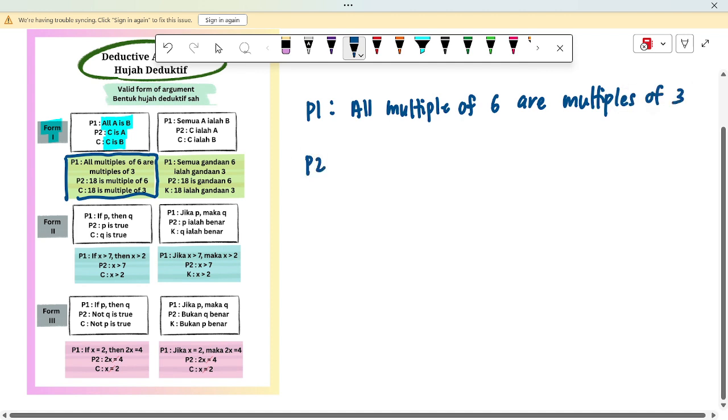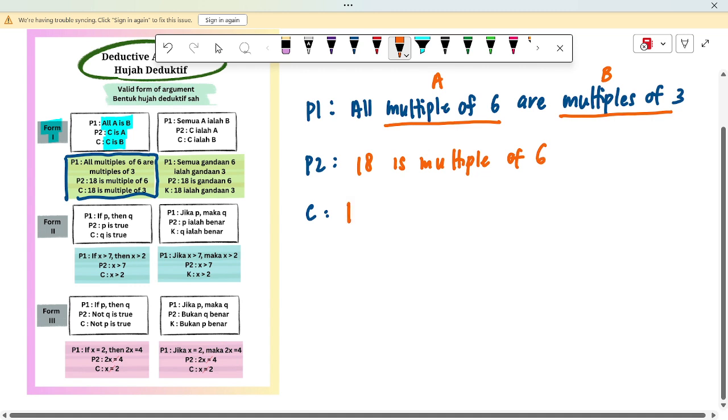Then P2 and your conclusion. Before you decide, let's decide from premise 1. This is your A and this is your B. And in your P2, 18 is a multiple of 6. And in your conclusion, 18 is a multiple of 3.